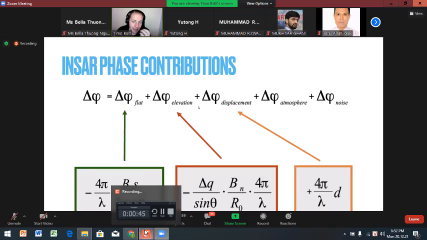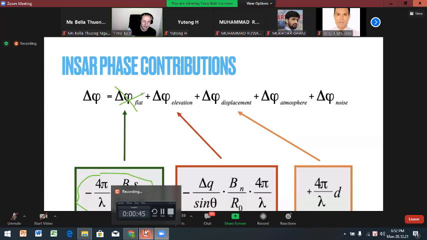All right, now again, we have these InSAR phase contributions. They are important. When we go to flat interferometric phase, that's that one. We can remove that just by the so-called flattening process, which I showed you in that talk on InSAR. That's relatively easy to do.